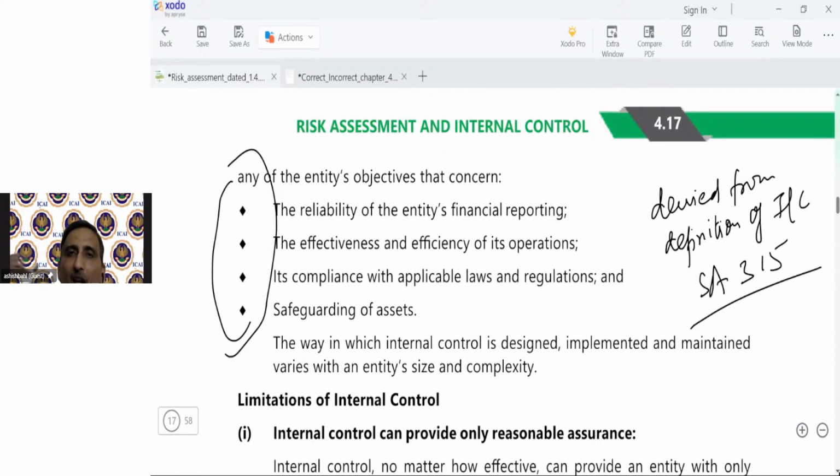You try to correlate, guys. Auditing is such a beautiful subject, it is such a simple subject, but you have to think logically. So clear.